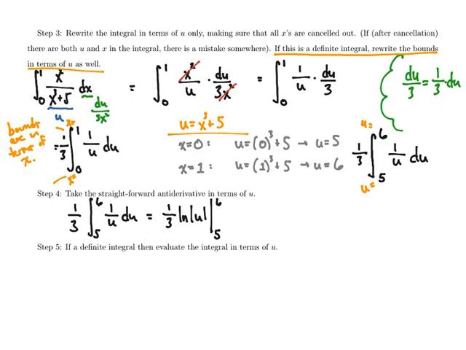And now we've taken the antiderivative. Note that these are u values, so we can just plug those in at this point to the definite integral, and that's our last step here. This is going to be the same thing as 1/3 natural log of absolute value of 6 minus 1/3 natural log of absolute value of 5.